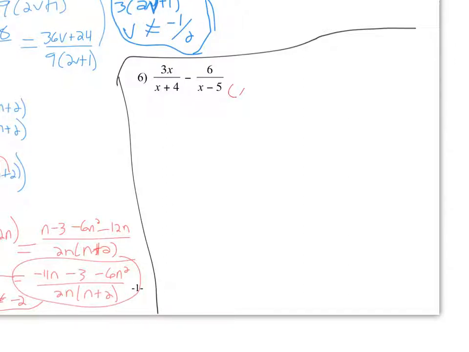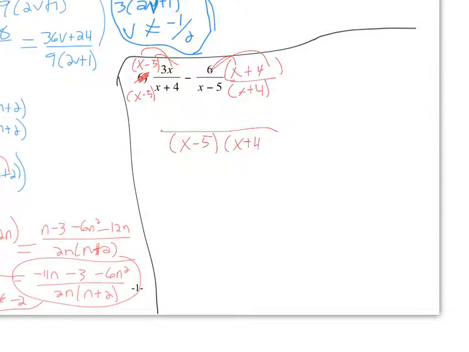So this has got to be x plus 4 over x plus 4, and then this one, that annoying 6 is in the way, so multiply that by x minus 5 over x minus 5, and then I have to distribute. Gotta distribute. All of this has got to distribute. So I've got my common denominator, which is x minus 5 times x plus 4, and then 3x times x.